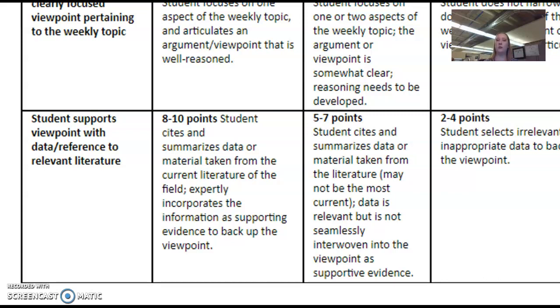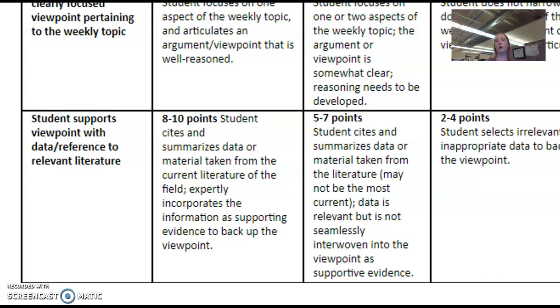And then on the research-based ones, or if you did research, are you citing your references? So to get full credit here, you need to have cited any references that you use, especially if you're doing research. And then you also need to be using some sort of math to back up what you're saying. So since this week you're talking about whether something is a function, you're talking about domain and range, show me the domain and range in mathematical notation.